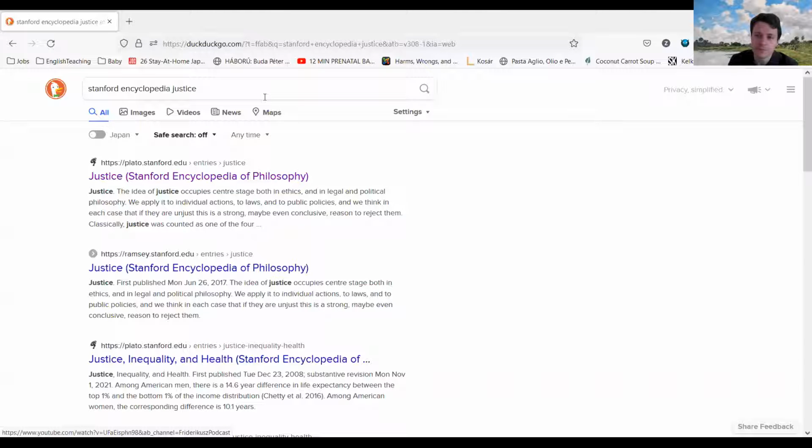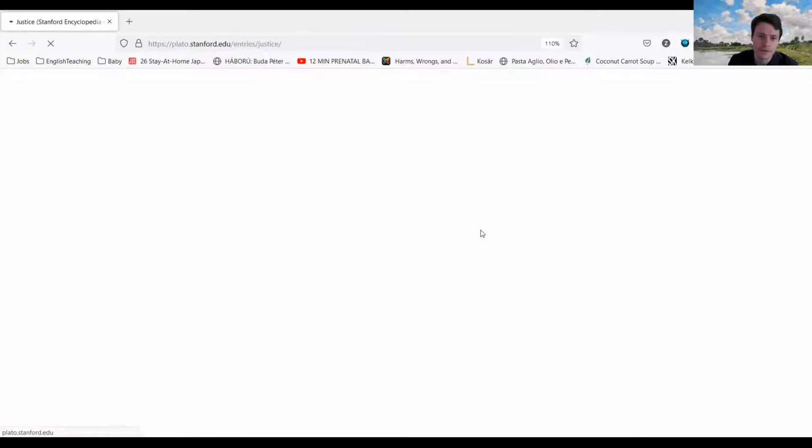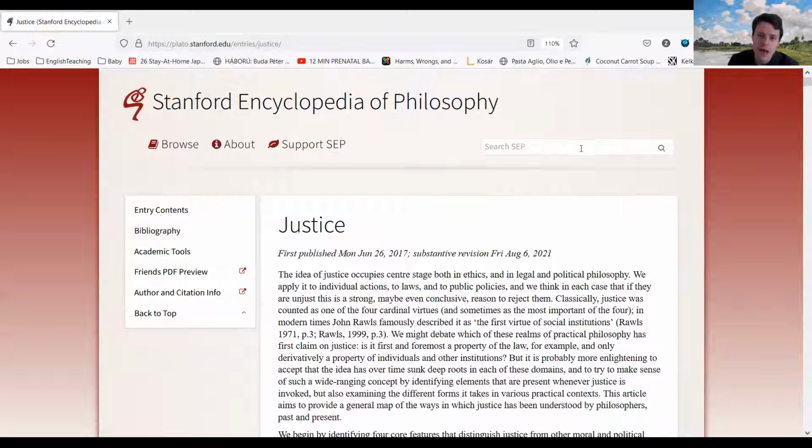If you're talking about philosophy, then one good way to do this is to try one of two very effective and trusted sources. One of them is the Stanford Encyclopedia of Philosophy. You can search the SEP. They have entries on thousands of important topics in philosophy.